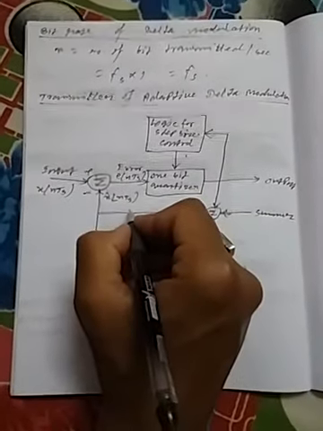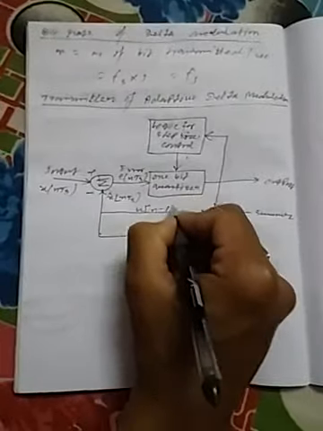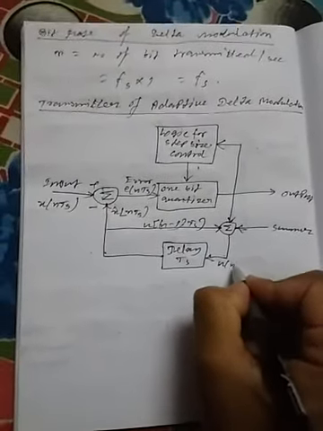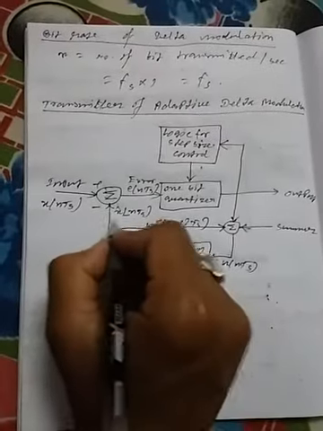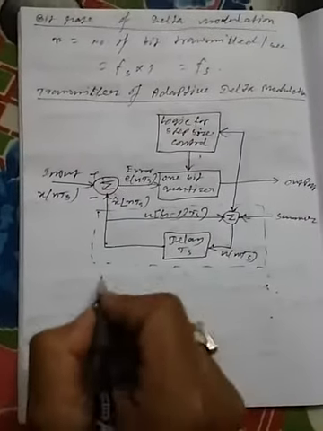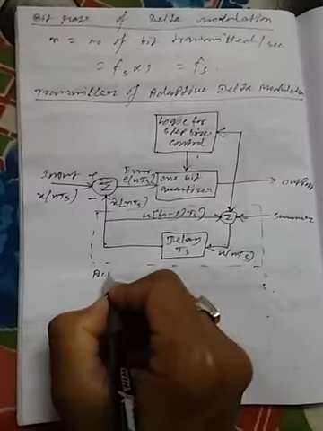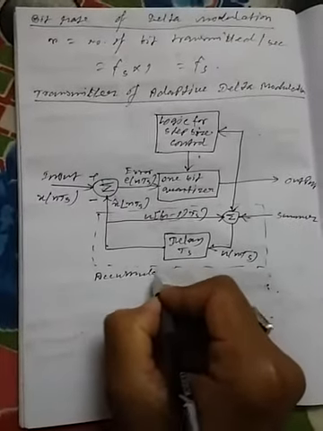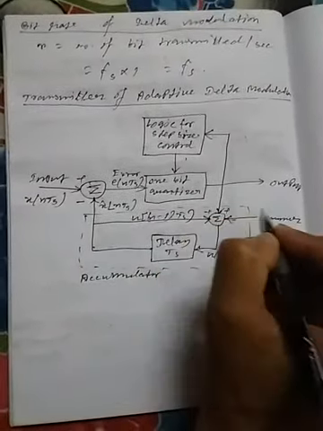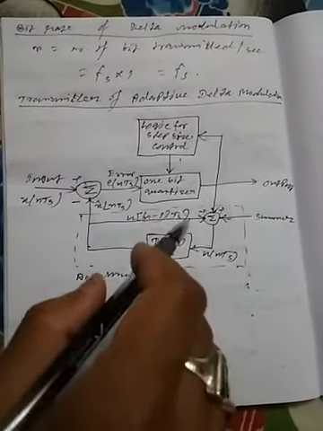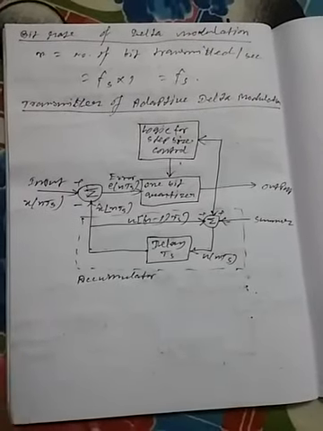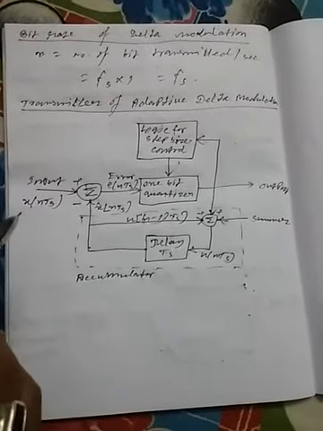And this is u((n-1)Ts). This is u(nTs). This portion is called the accumulator, and this is basically a summer consisting of u(nTs).